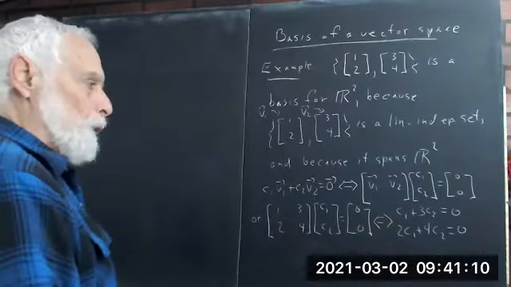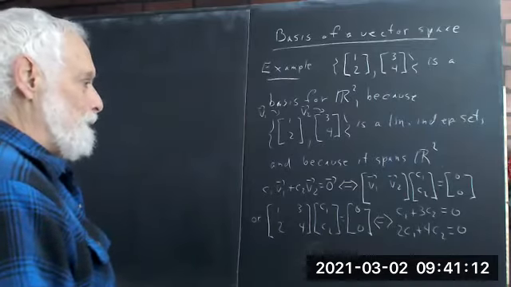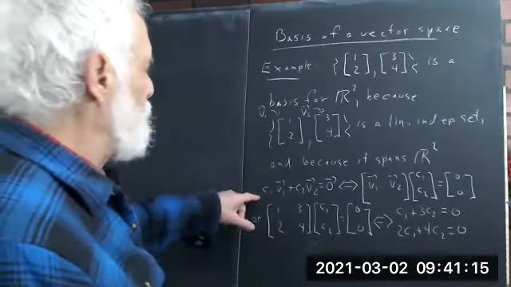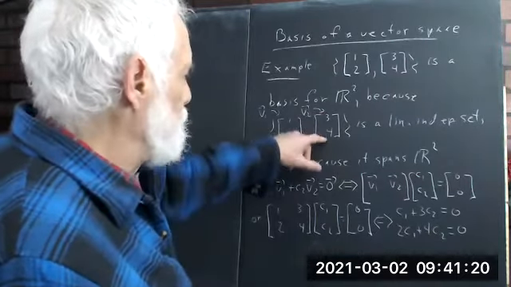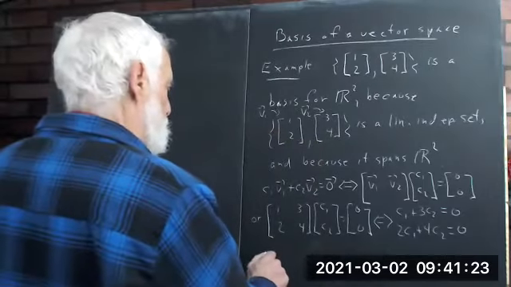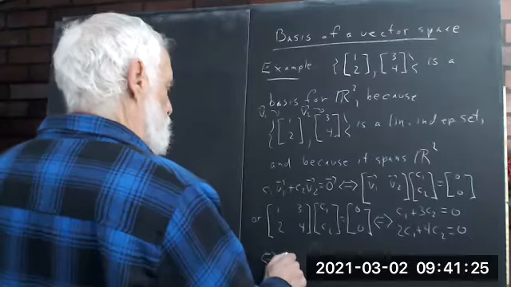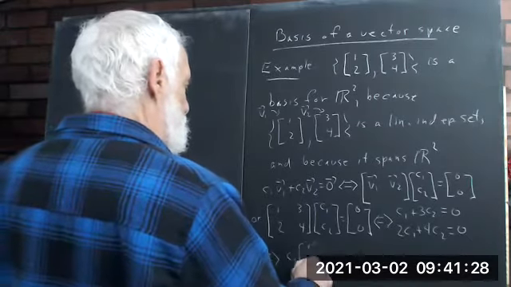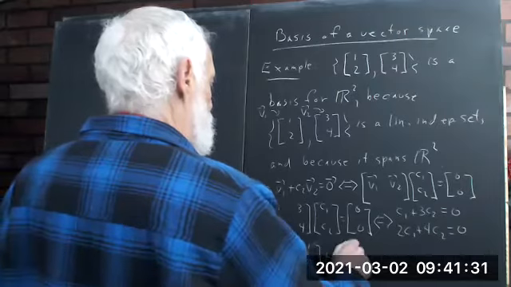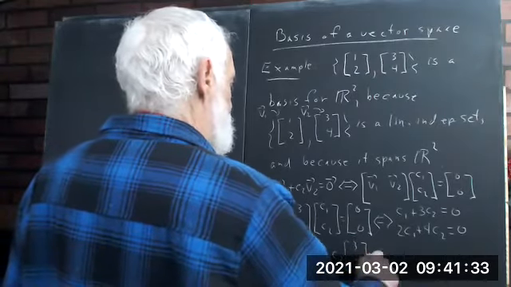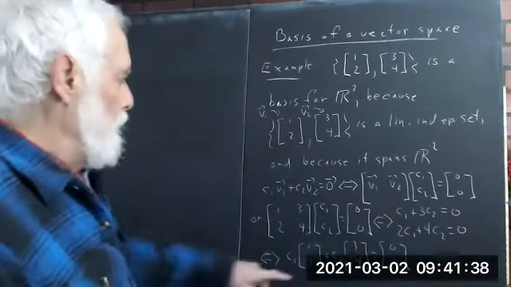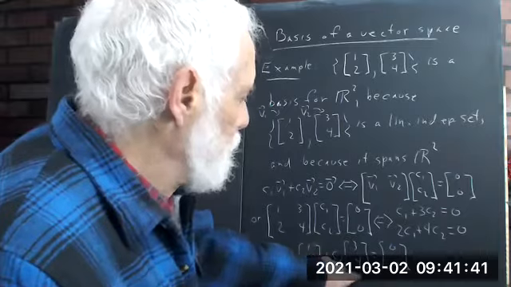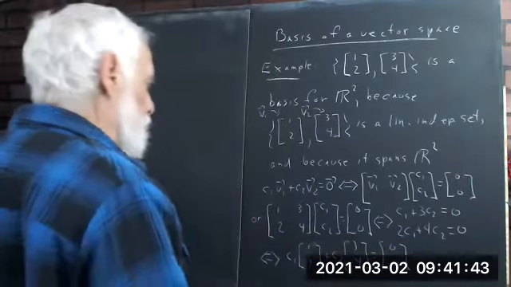So anyhow, we have this. And what is this? Well, C1 V1 is C1 times (1, 2). C2 V2 is C2 times (3, 4). And there's your C1 V1 plus C2 V2 equals your zero vector.